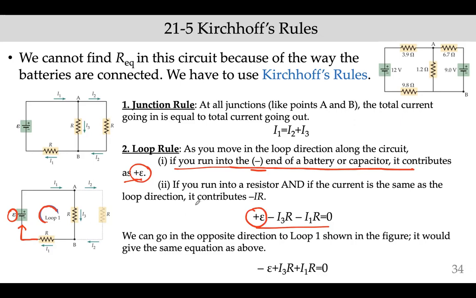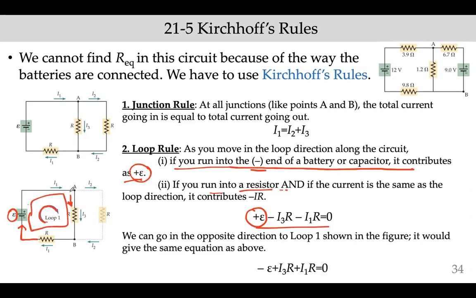The second rule is if you run into a resistor, there are two conditions that should be satisfied. Let's say you go this way and you run into a resistor here. We are going in the direction of the loop.